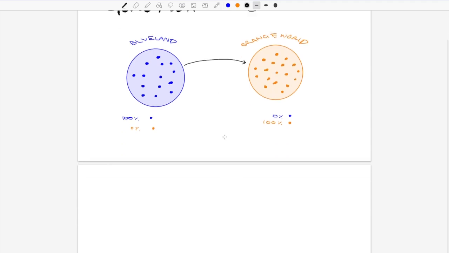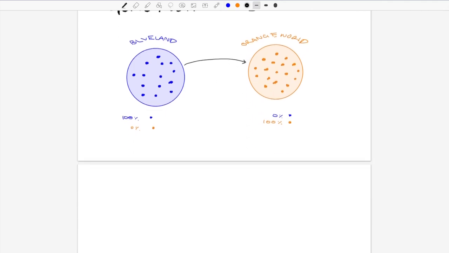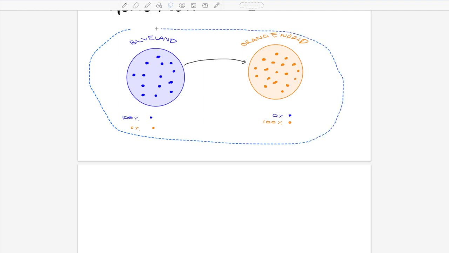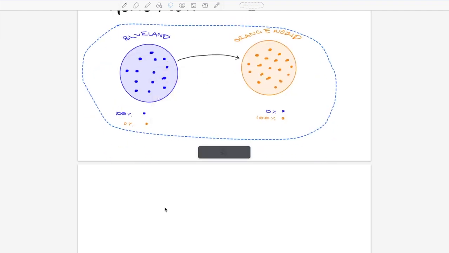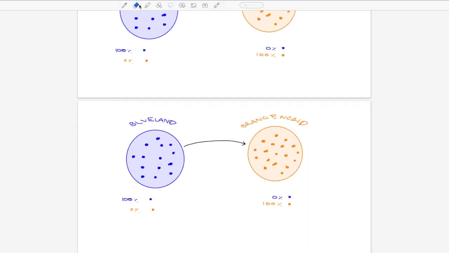And so what could happen then is we might have migration of individuals, say from Blue Land, migrating across to Orange World. When they do that, they may enter that population and begin to interbreed with the population of Orange World. And so what we would expect is that the alleles of the blue individuals might start intermingling with the Orange World population, and over a number of breeding generations, we'll start to see the sudden appearance of blue individuals in the population, and therefore the allele frequencies will start to shift.